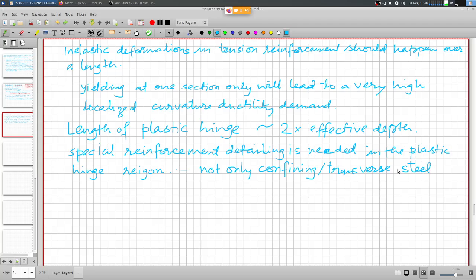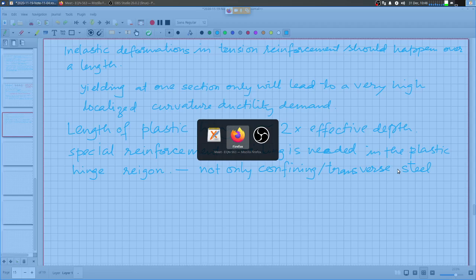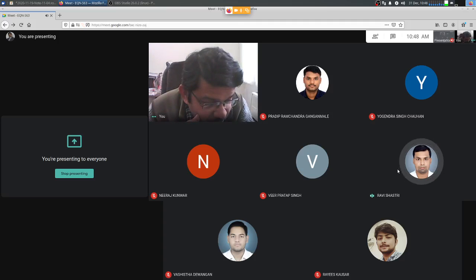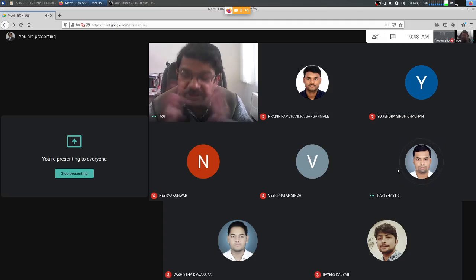See the transverse steel, why do you use transverse steel? Why do you use transverse steel in beams? To resist the shear force. Resist the shear force.